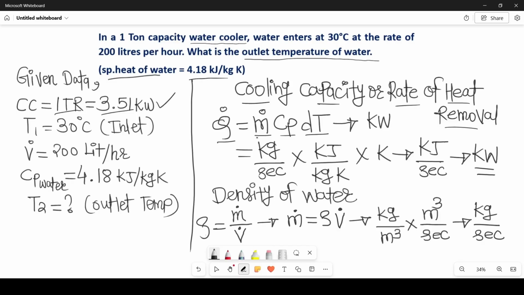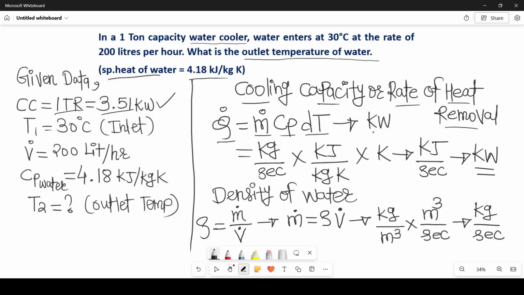M dot is mass flow rate of the water inside this water cooler. Cp is the specific heat of water which is already given to us. Delta T is the temperature difference of the water at the inlet and at the outlet. So we know that temperature at the inlet is 30 degrees Celsius. At the outlet temperature we want to calculate.